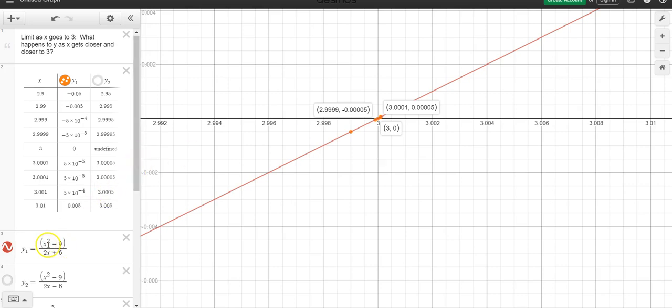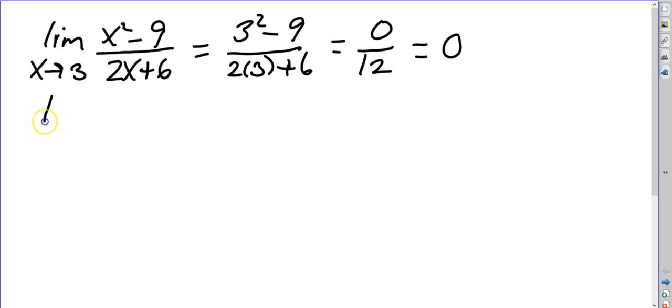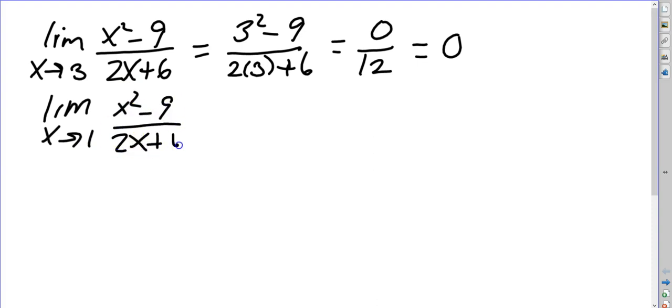Now I could do the same thing with any other number. If I put in 1 here, I would get negative 8 in the numerator and positive 8 in the denominator. So let me actually do this over here. If I did the limit as x goes to 1 of x squared minus 9 over 2x plus 6.